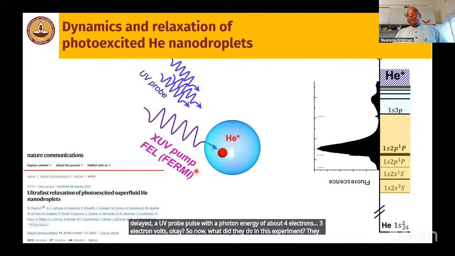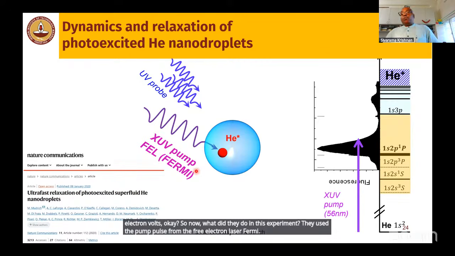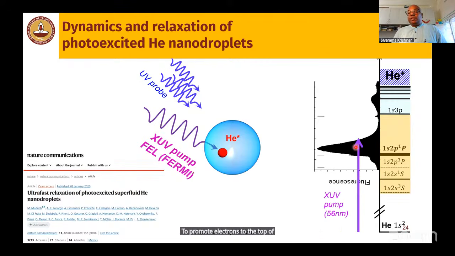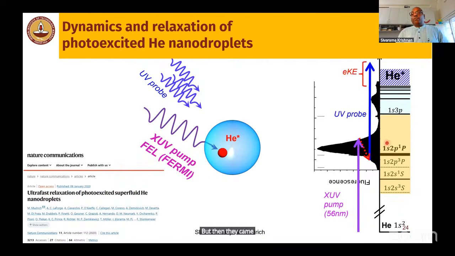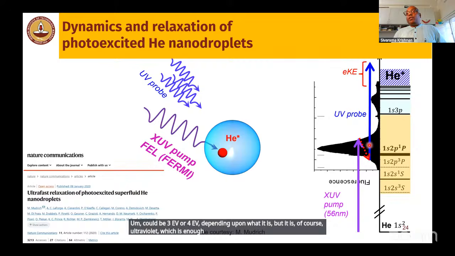They used the pump pulse from the free electron laser FERMI to promote electrons to the top of this fluorescence band, which is the first, you can say, optically allowed set of transitions, a band of excitations that can happen in this droplet. And then there could be interband relaxation, we will see about that, but then they came with a UV probe pulse, right, whose energy could be 3 eV or 4 eV depending upon what it is, but it is of course ultraviolet, which is enough to promote the electrons and throw them out of these bound states of the atom or the droplet, right?